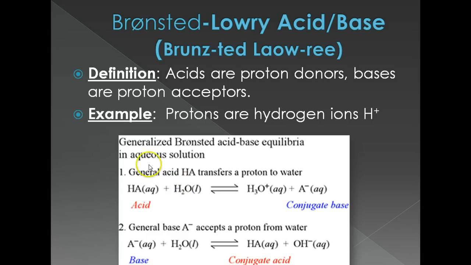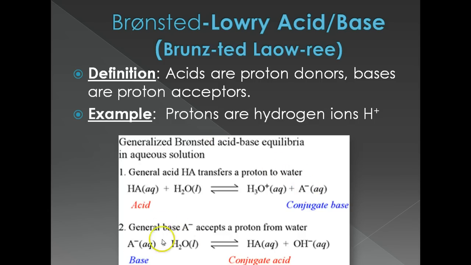It accepted that hydrogen proton, became H3O plus, and now this A is just left as A minus. We call that a conjugate base. Something that was an acid, after it gave up a hydrogen, becomes a conjugate base.